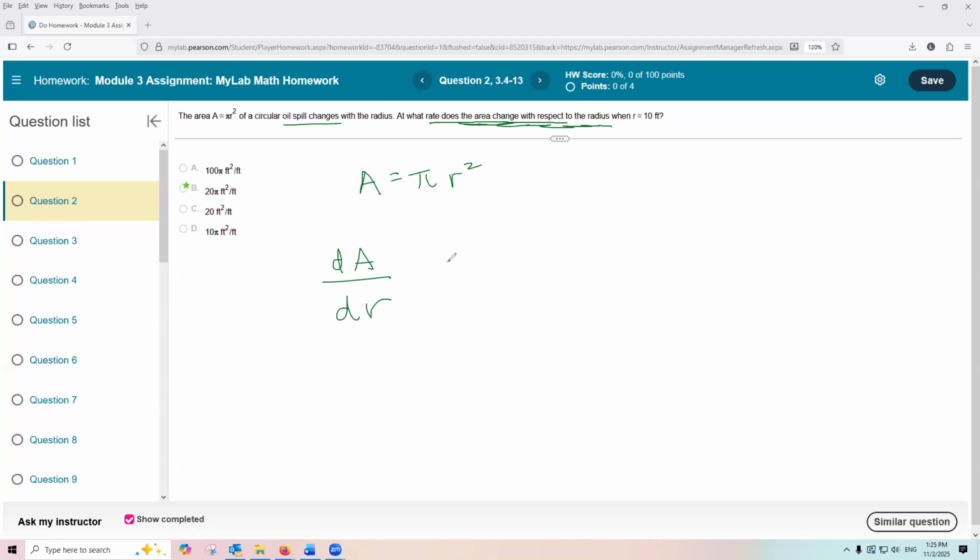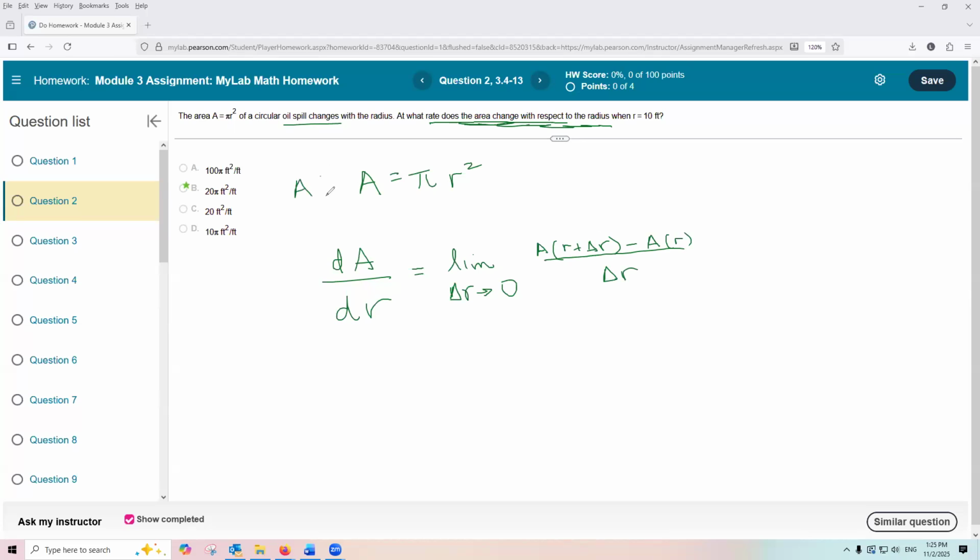The way I can work this out is take the limit as delta r goes to 0 of A of r plus delta r minus A of r over delta r.